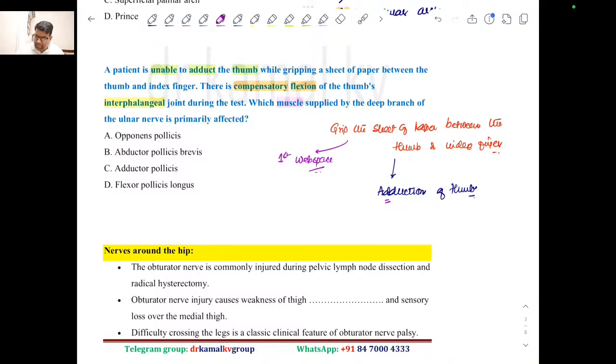Now sometimes what happens, if this adduction is not possible, how the patient is going to hold the sheet of paper? He will flex the thumb at IP joint, and this particular test is known as book test, or clinically this sign is the Froment's sign.